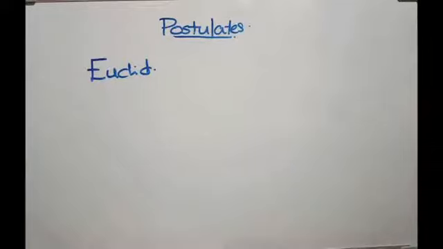Like a straight line may be drawn from one point to any other point. It's a natural fact, a universal fact. So we can call it a natural truth. So this is one of the assumptions made by Euclid. And he made the assumptions in which a few are meant only for geometry and a few meant for the whole mathematics.